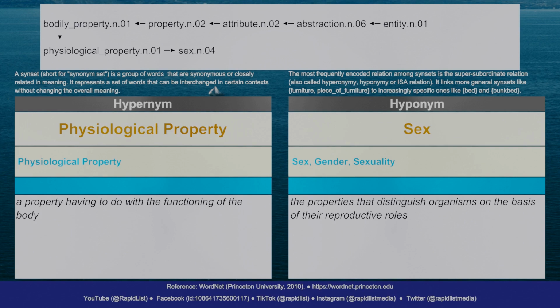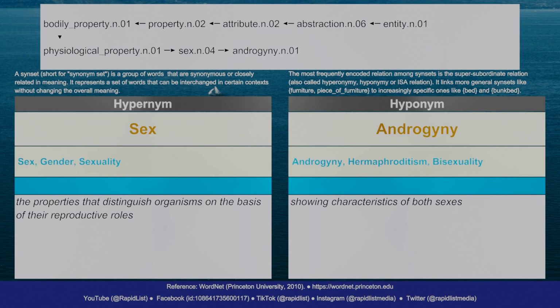Sex. The properties that distinguish organisms on the basis of their reproductive roles. She didn't want to know the sex of the fetus. Androgyny. Showing characteristics of both sexes. Femaleness.